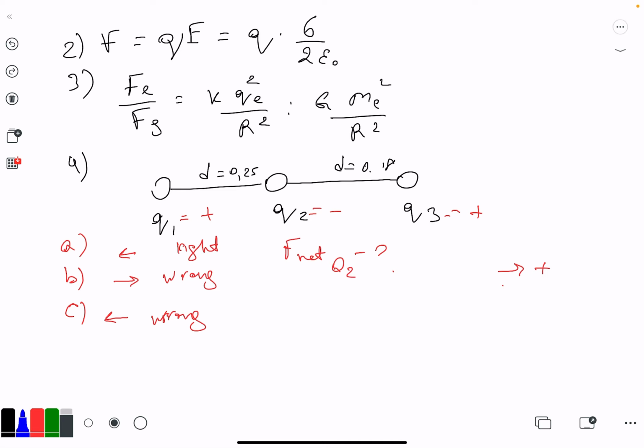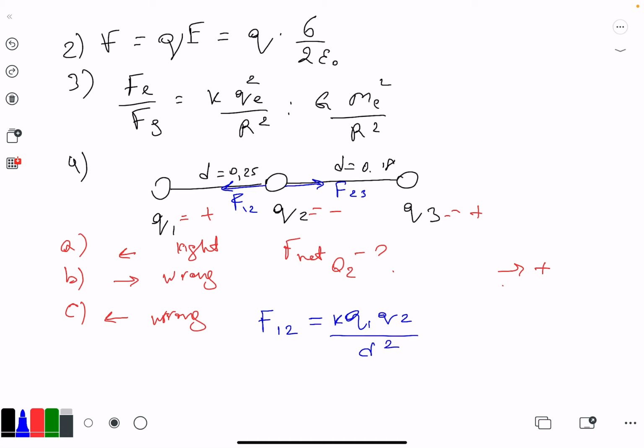Okay. Now, since Q1 and Q2 have opposite sign, the force F12 will be pointed to the left, and Q2 and Q3 are also opposite sign, so they will attract, so it will be pointing to the right. So let's calculate F12, which is k Q1 Q2 divided by the distance squared.